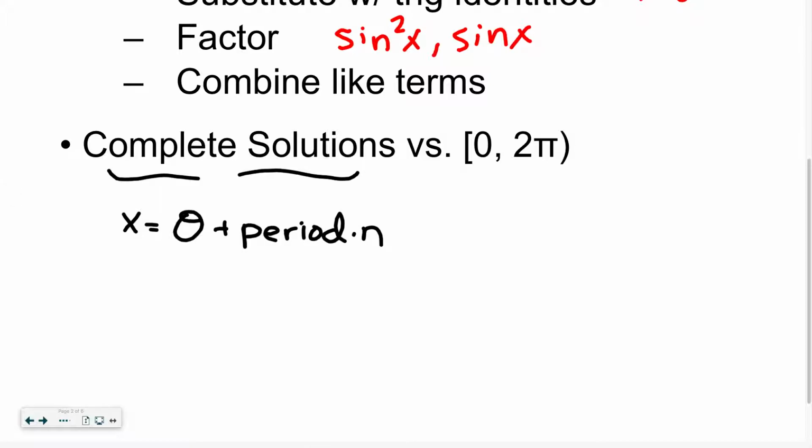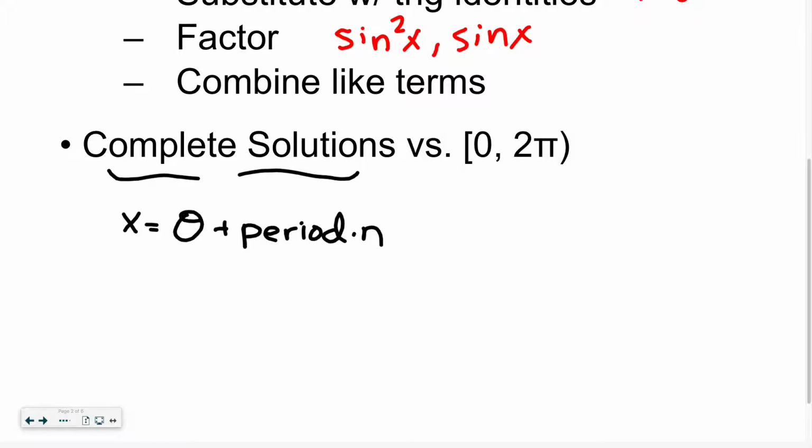Anytime the directions just say, solve the equation, we assume it means all the solutions. And we know because of coterminal angles that there are infinitely many solutions, infinitely many angles that work. So we have to write that complete solution.